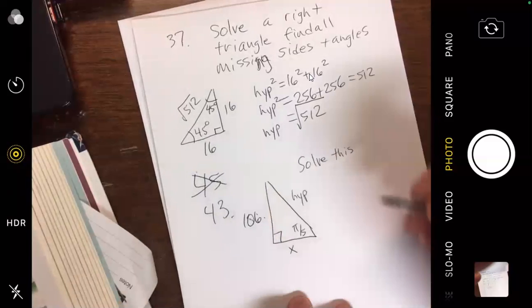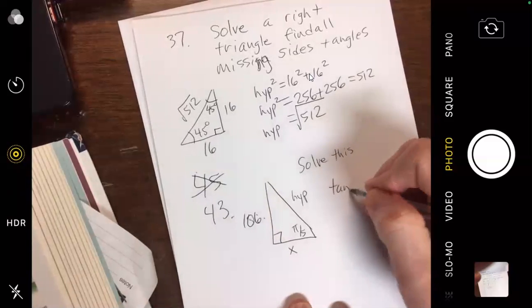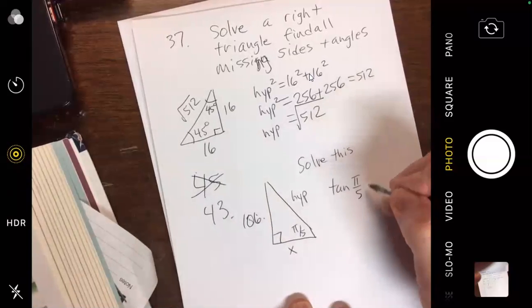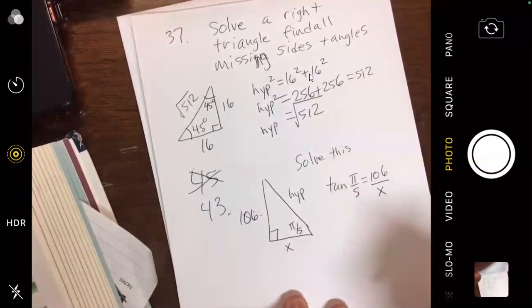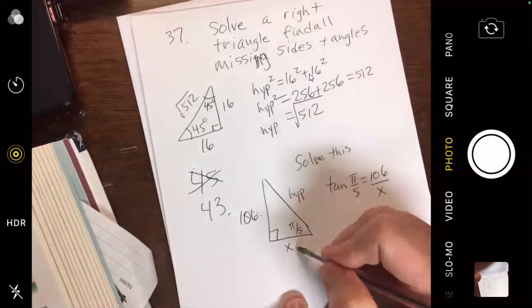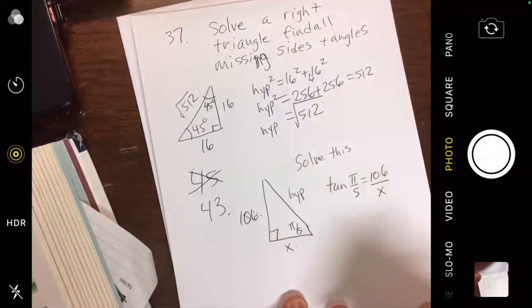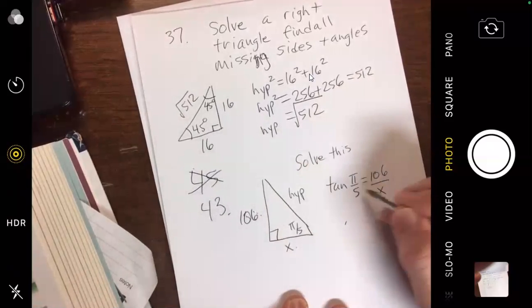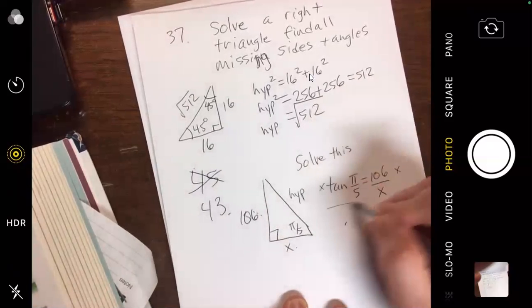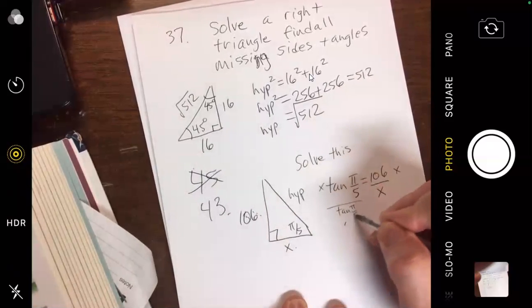You can do it either way. Let's go with tangent of pi over 5 equals 106 divided by x. Opposite over adjacent. We would then multiply by x and divide by tangent pi over 5.